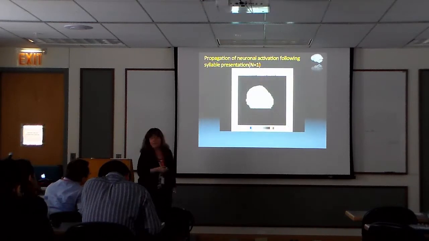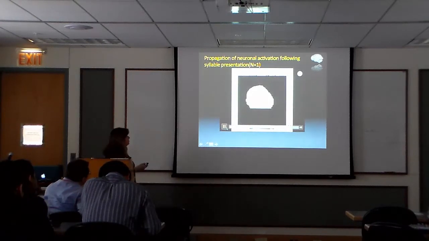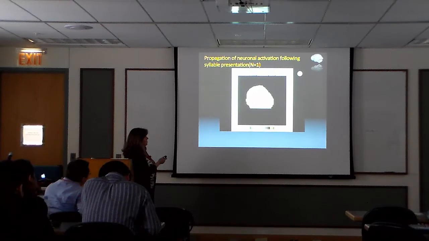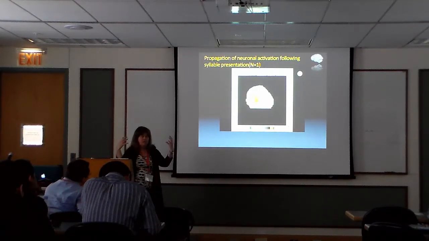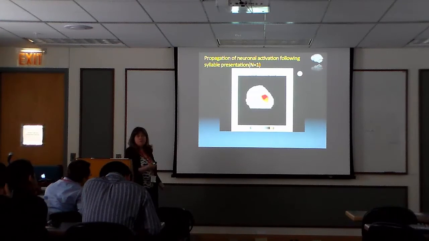To give you an idea of the data that we can get, this is one individual premature infant, and time here is in milliseconds, so this is 0. The baby is being presented with speech syllables through a little speaker inside the crib. You see there is a response in auditory cortex, and now in frontal cortex.